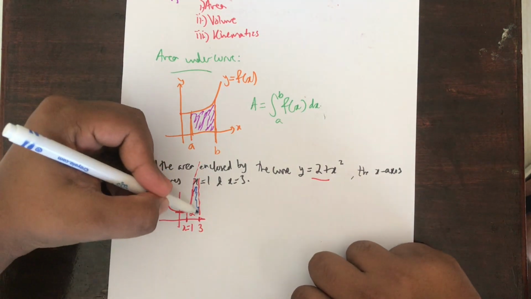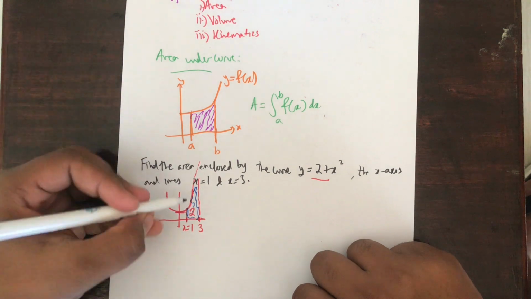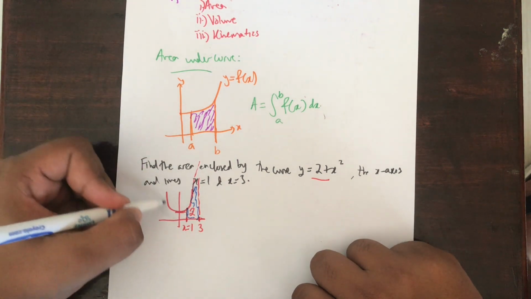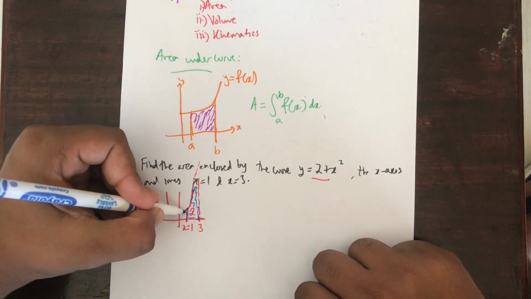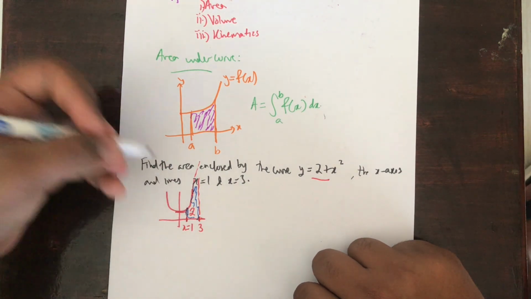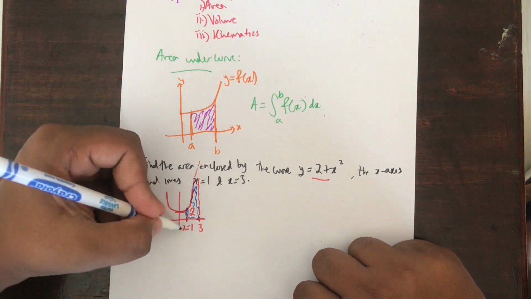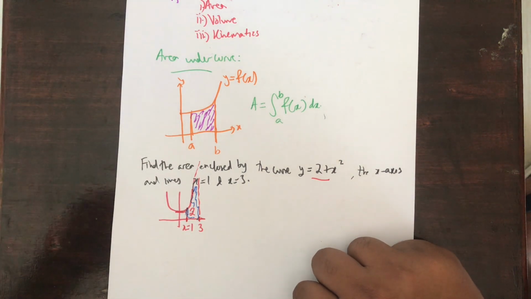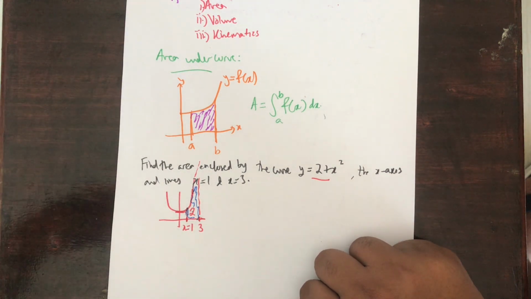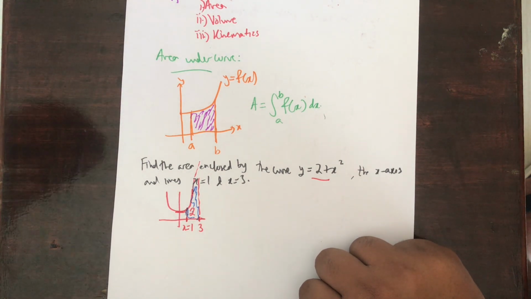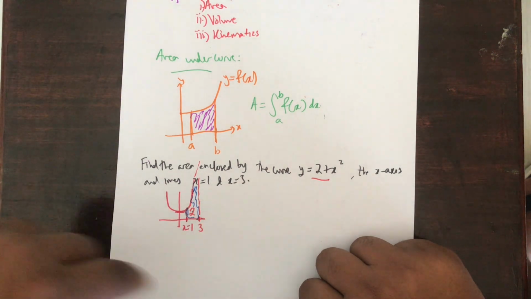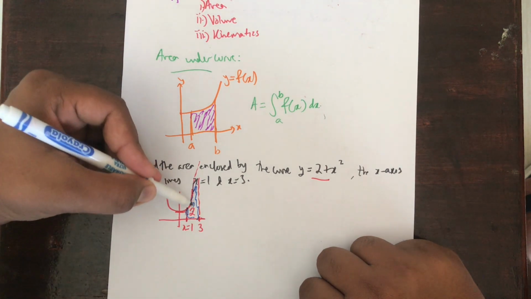This is the curve, the red line, y equal to 2 plus x squared. When x equal to 1, you have some specific y value, and when x equal to 3, you have another specific y value. I'm just drawing this as a rough graph so that you know what you need to find, but you can actually solve this question without drawing the graph. So this is the area which we're looking for.